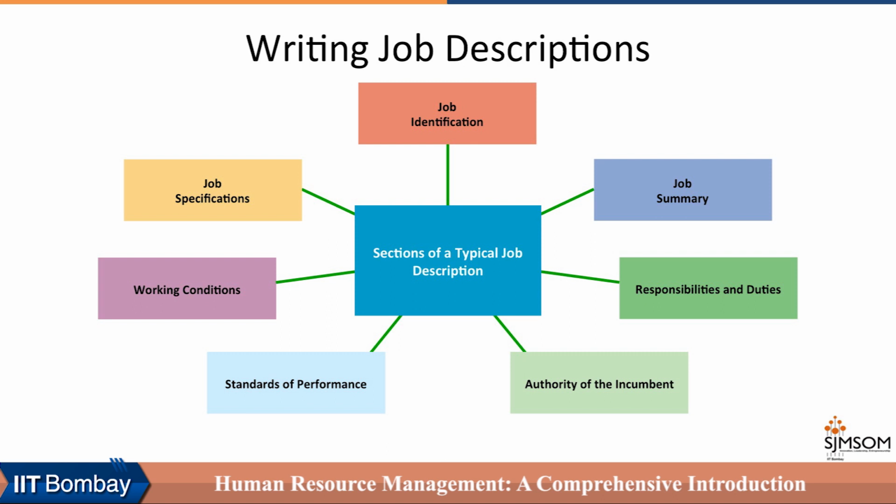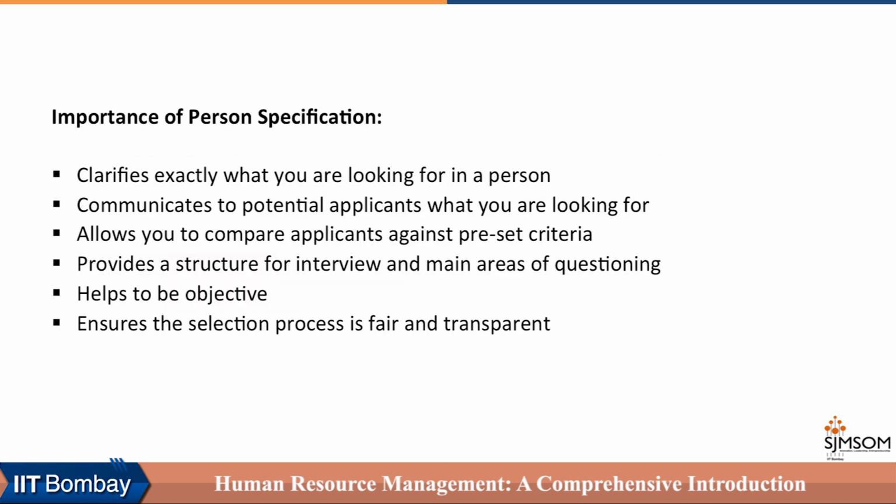Then comes job specification. Job specification is the person's competency or competency requirement of the incumbent. This is the reflection of person specification that has skills, qualification, knowledge, experience and special conditions. The importance of a specification is that it clarifies exactly what you are looking for in a person.